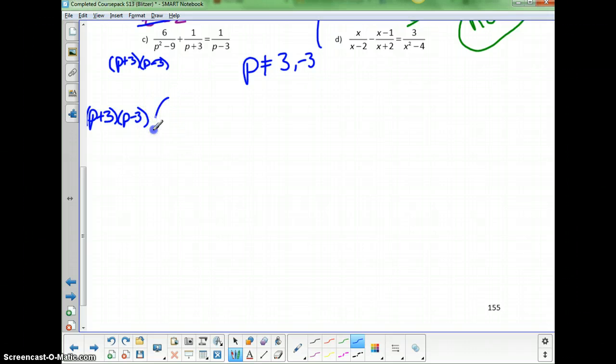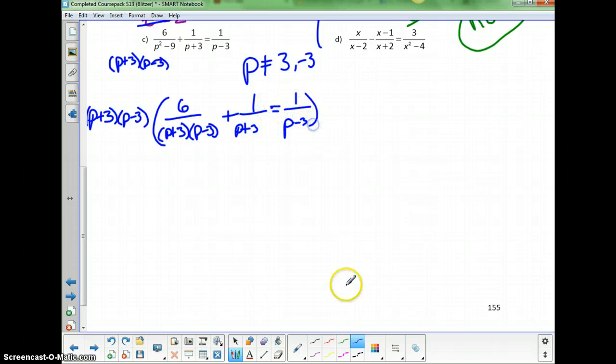Okay, so we're going to multiply that by everything. So by 6 over p plus 3, p minus 3, plus 1 over p plus 3, equals 1 over p minus 3. Okay, and distribute. In the first piece, p minus 3 and p plus 3 will both cancel. We'll just have 6 left.